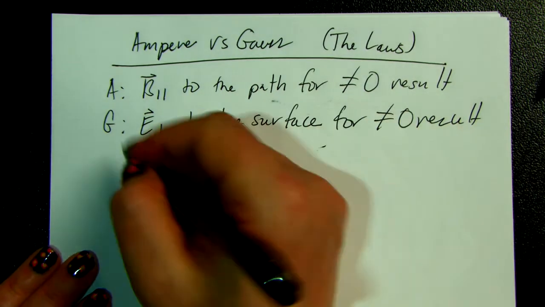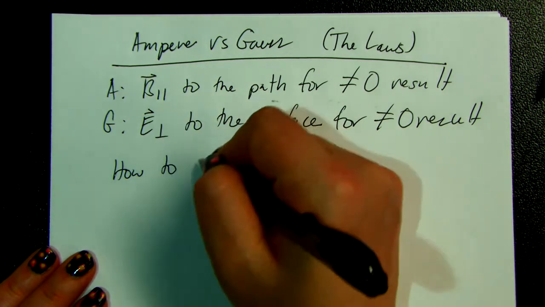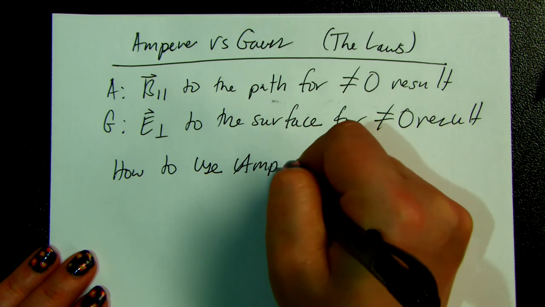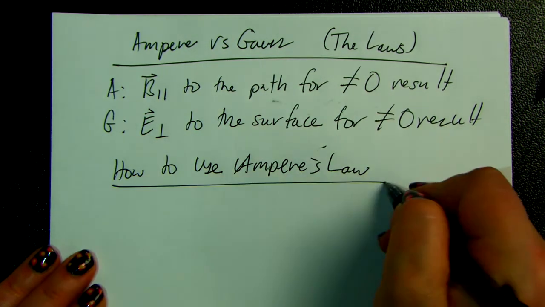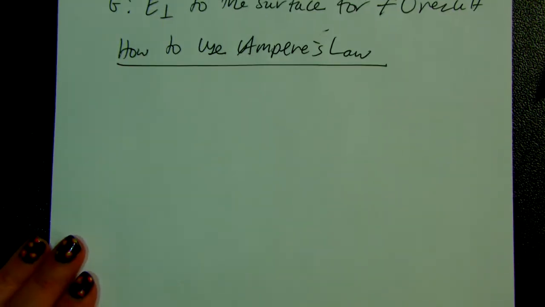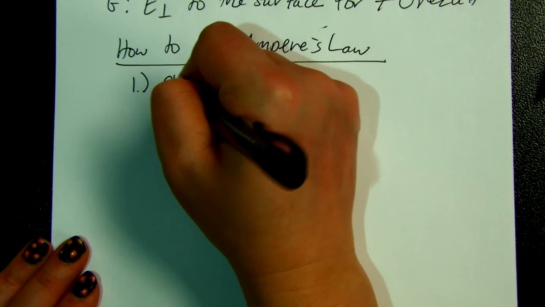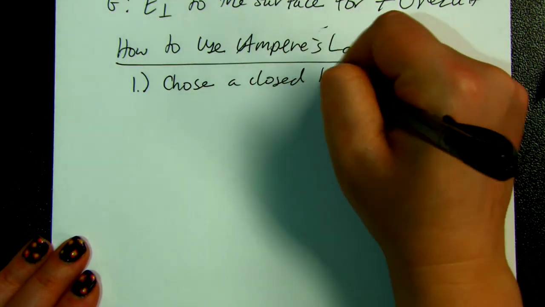All right, so how do we do Ampere's law? Let me give you some steps. If you're going to do Ampere's law, first, you need to choose a closed boundary.